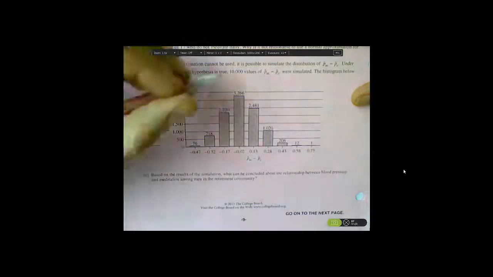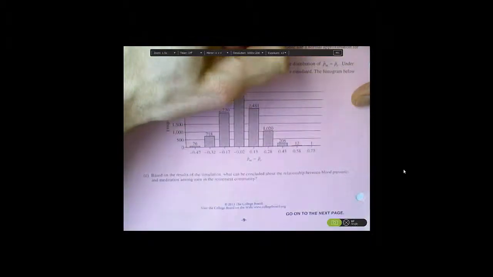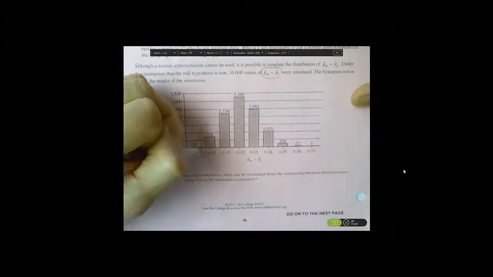So this p-value, looking at the problem, they said they simulated 10,000 times the difference between my sample proportions. Well, 0.47, something that or more extreme, only came up 76 out of 10,000 times. That is extremely unusual. My simulated p-value is 0.0076. So I'm drawing a conclusion based on that.